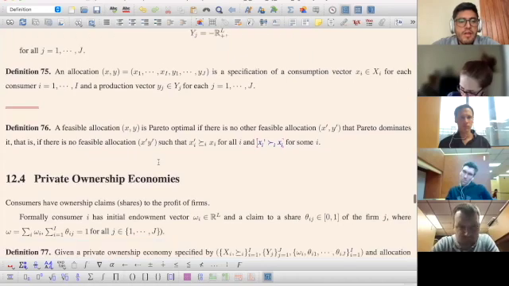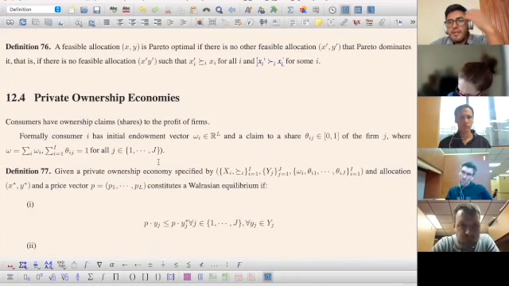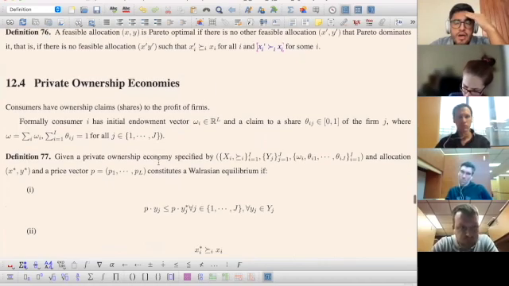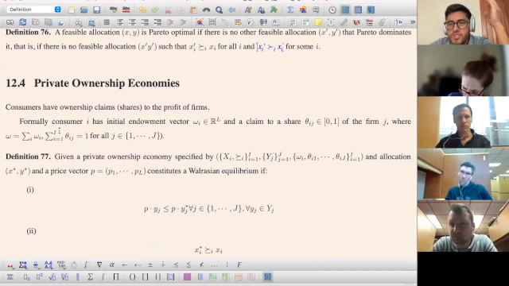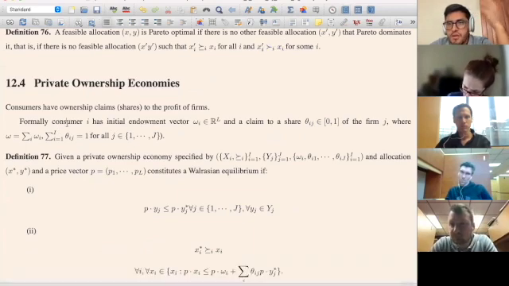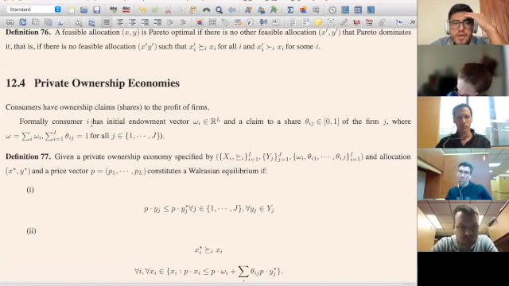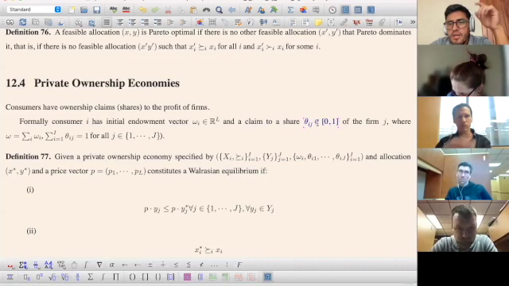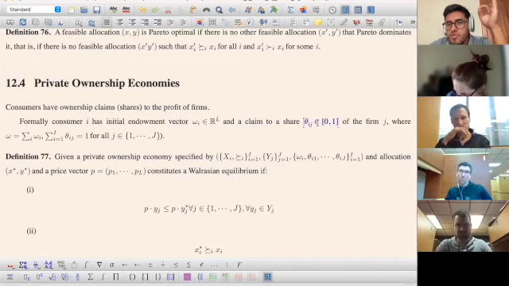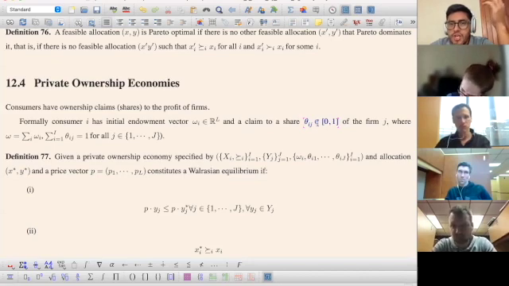Because the production plan is going to make the endowments, and Y is going to determine what is feasible in this economy. Now with this in hand, we're going to define what is called a private ownership economy, which is a super generalization of the Edgeworth box and the other model, the Robinson Crusoe. Here we're going to reintroduce these thetas. They're going to be shares of the claims to property of the profits. So consumer i has initial endowment omega i and a claim of a share theta ij. So each consumer i has a share or ownership of a firm j.